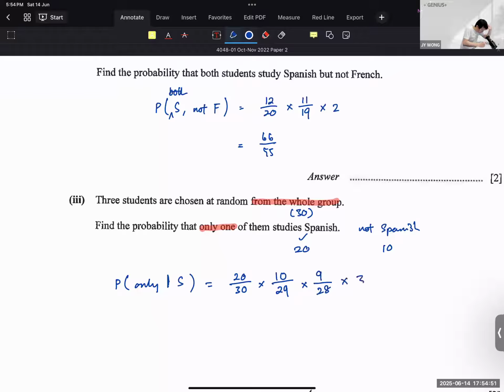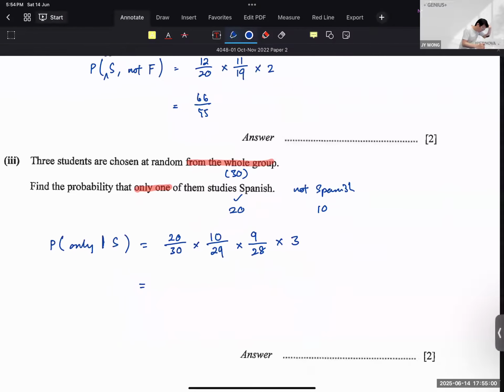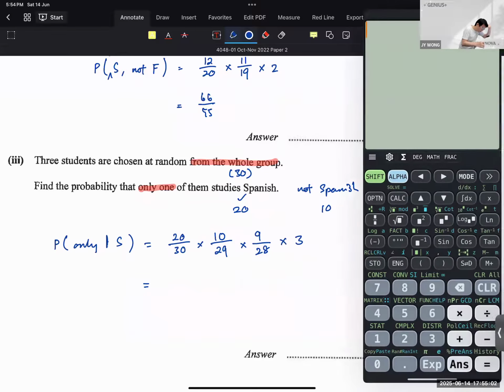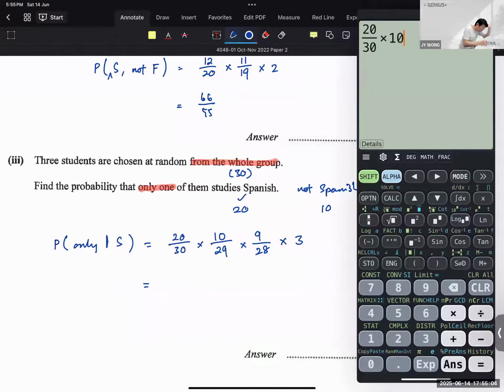And then here, confirm always need to times 3, because the student who studies Spanish can be A. So 20 out of 30 times 10 out of 29 times 9 out of 28 times 3 gives me 45 out of 203.